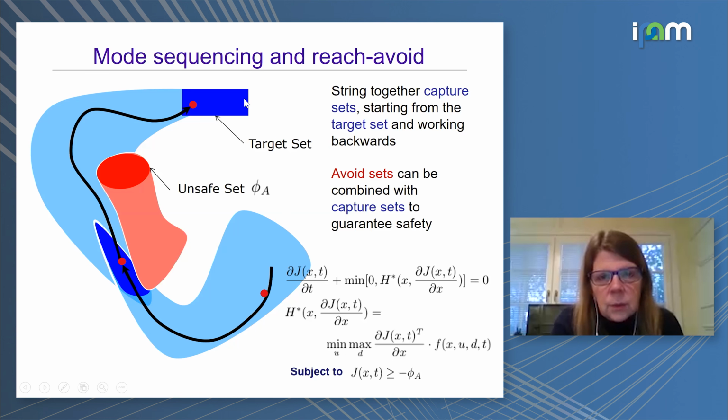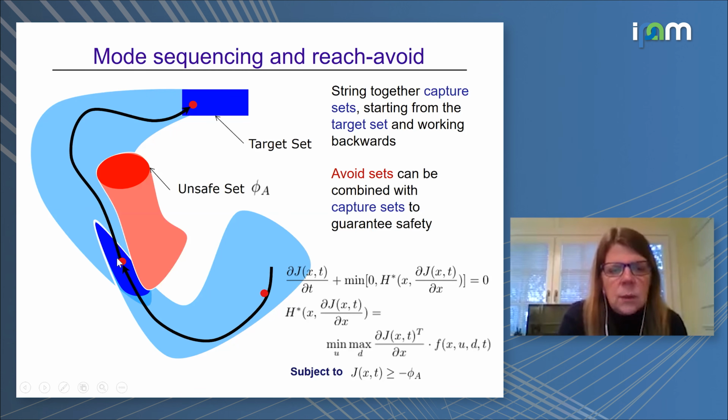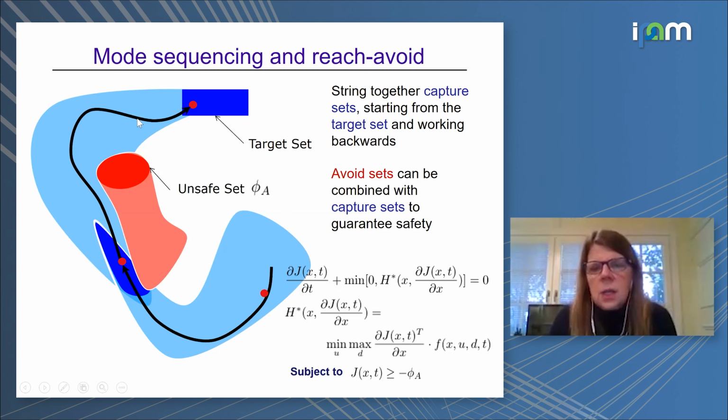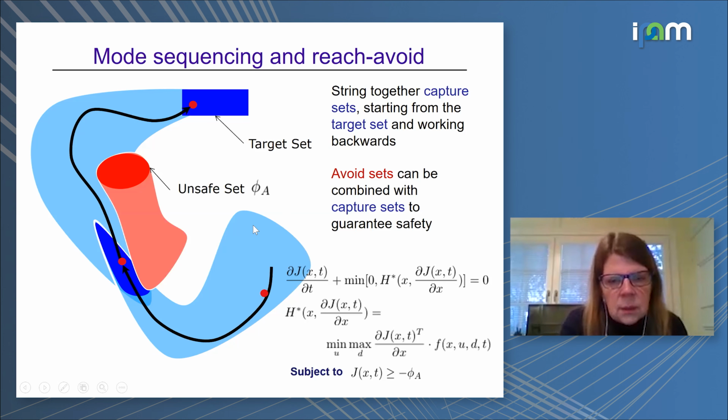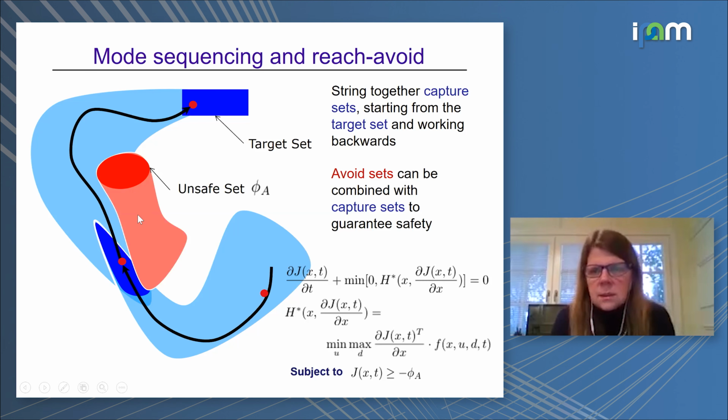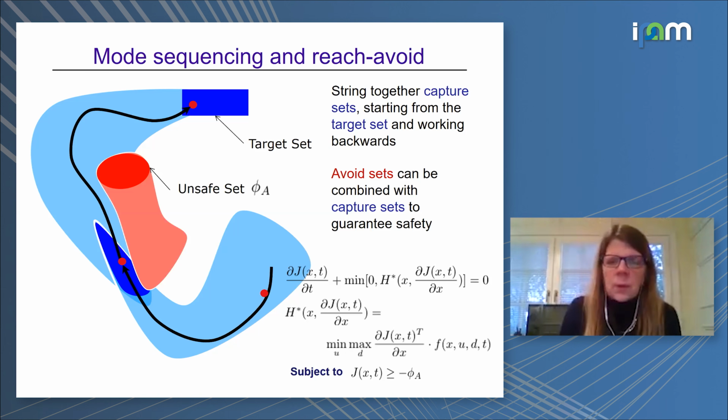You can compute, for example, the capture basin of a desired target set in one model, and then form a target set that's in the capture basin of that, and then from a different model, compute the capture basin for that target set and sequence these together. So use this in a kind of back chaining way to step through the different continuous models of a hybrid system, all the while avoiding unsafe configurations relevant for the particular model that you're using at any given time.